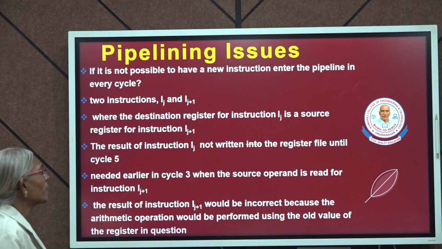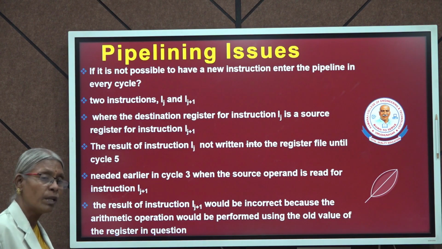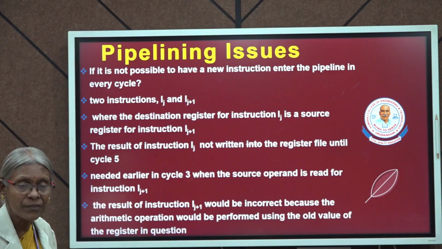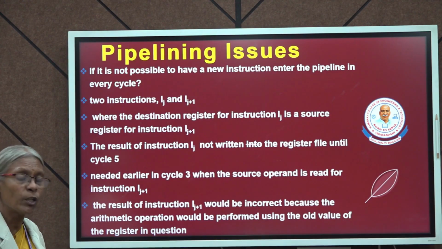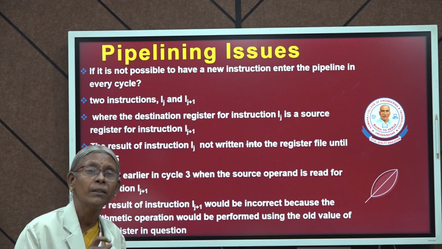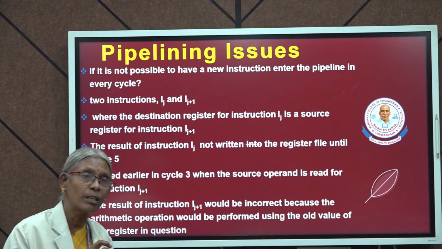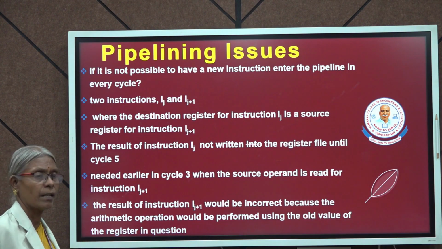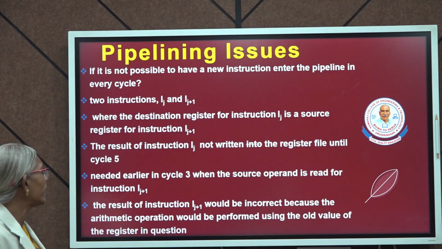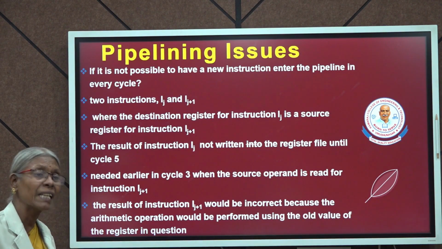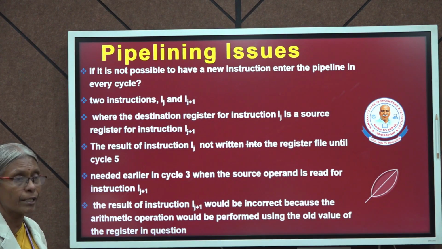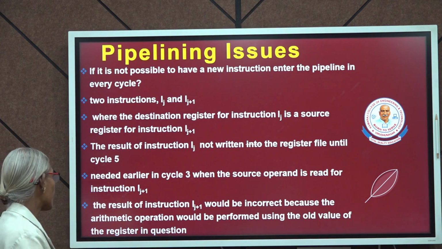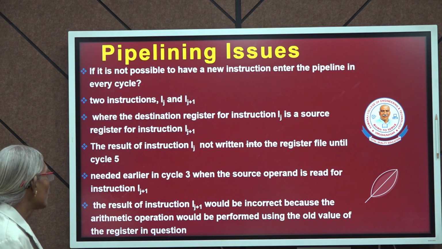Now the result of instruction Ij is available only after cycle 5, because only after cycle 5 do we have the data available in the register. Now let us take Ij+1, but it needs the data to be computed in cycle 3. So the data is not available for instruction Ij+1.